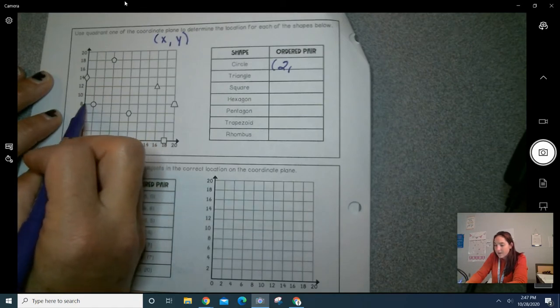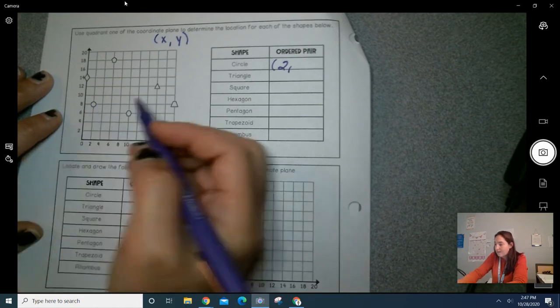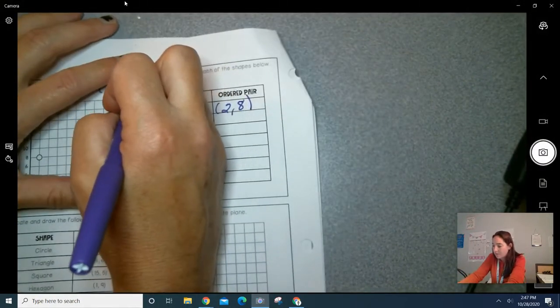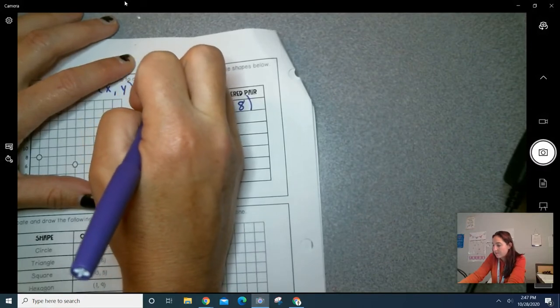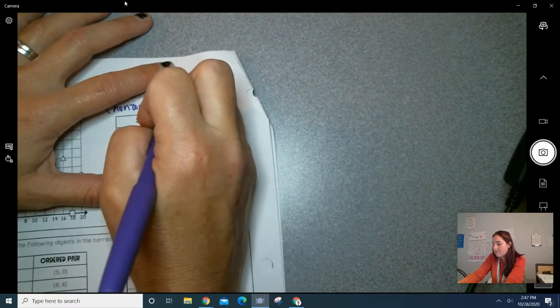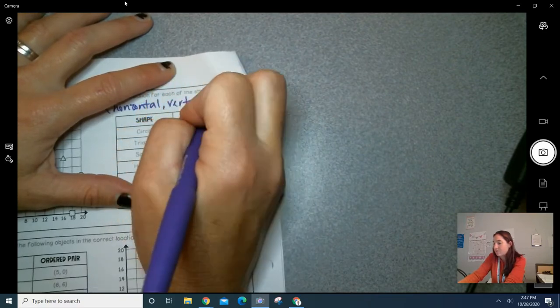The vertical axis, it's going to fall at 8. Okay, so the ordered pair for the circle is 2, 8. Another thing you could do up here to help yourself is write horizontal first, vertical second.